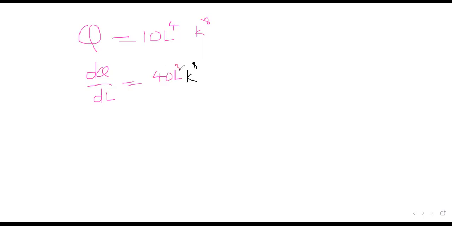40L^3, correct. And if we're differentiating the q with respect to k, which one is our dummy? 10 L to the power 4. L^4. So what do we remain with? 10k^8. So you just remove the letter, not the number, because this number is for both of them.